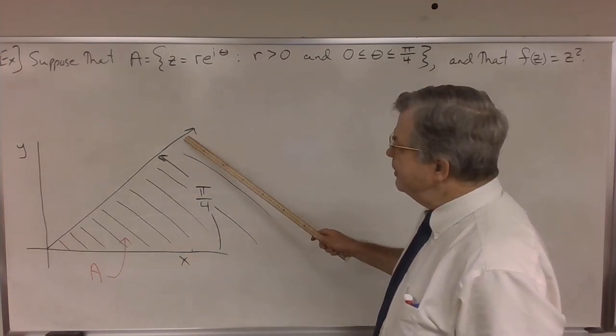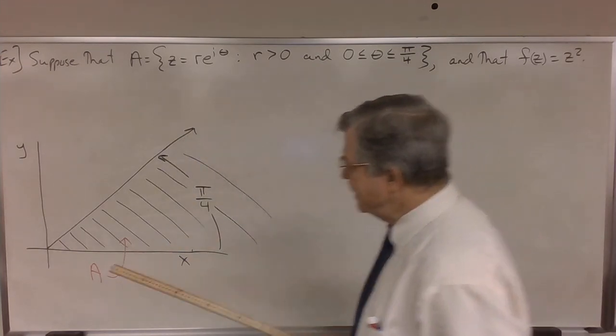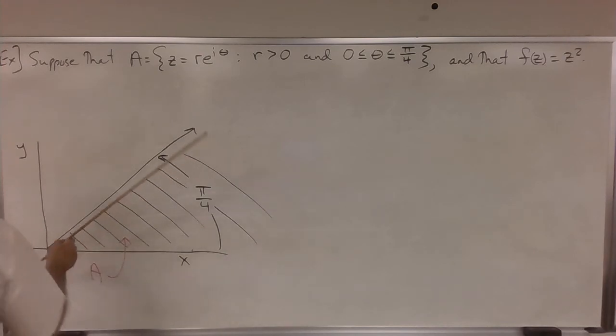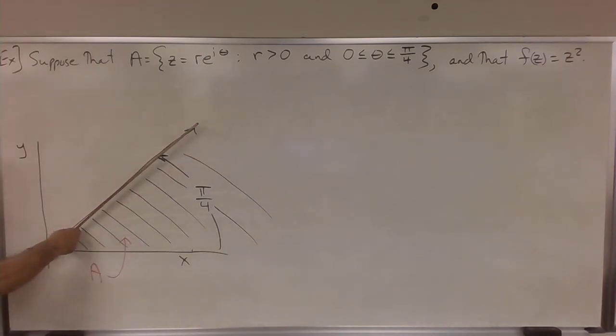If we call this the angle pi over 4, then this ray is going to go in the positive r direction. And this is the set of all complex numbers in here that have positive modulus r. And the angle is between 0 and pi over 4.